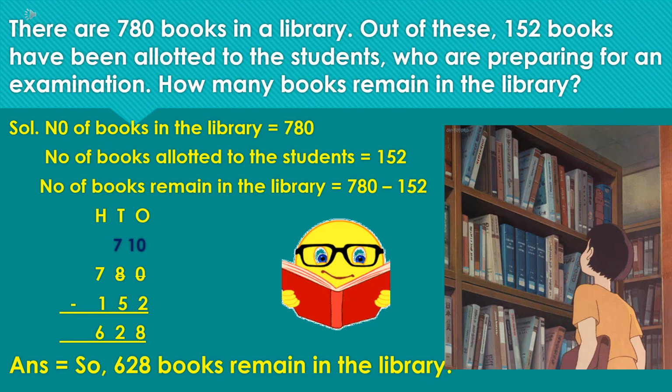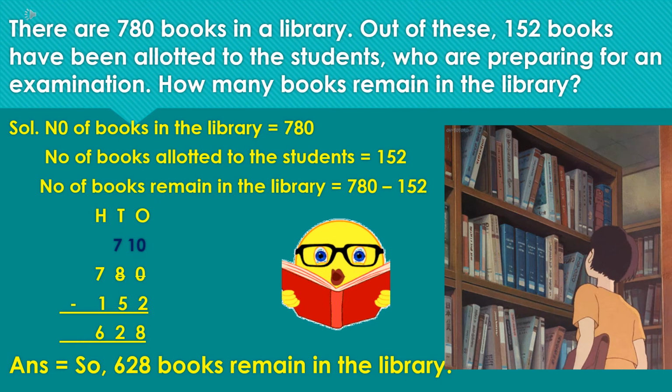Now our next step will be, we will arrange these numbers in the columns of hundreds, tens and ones. So first of all we will write 780, and under 780 we will write 152, and then we will subtract these numbers.